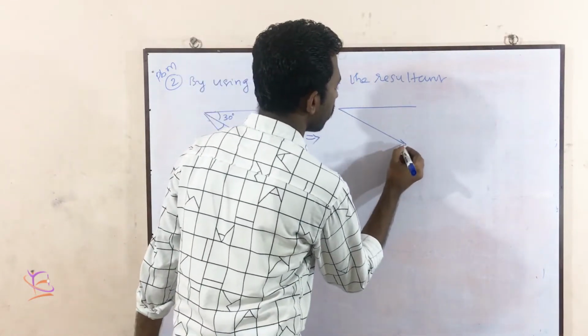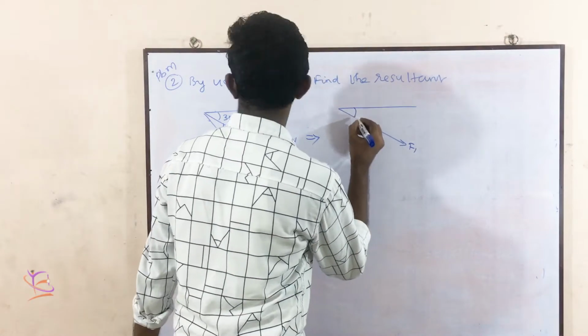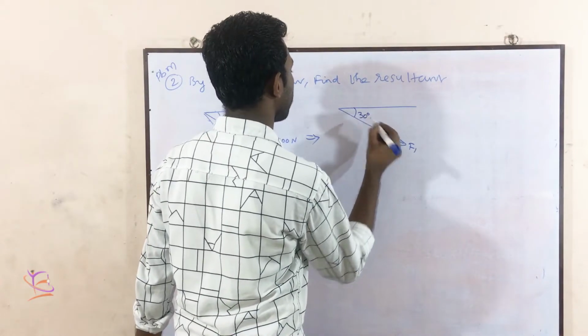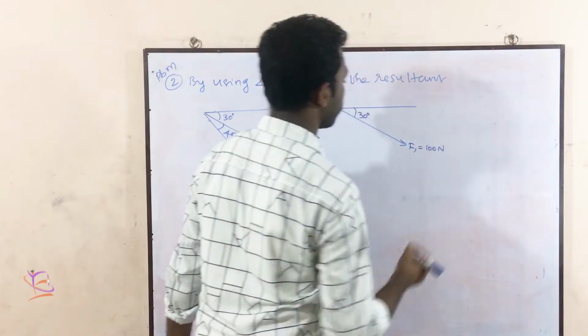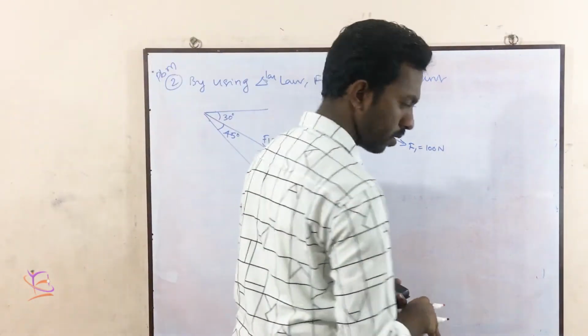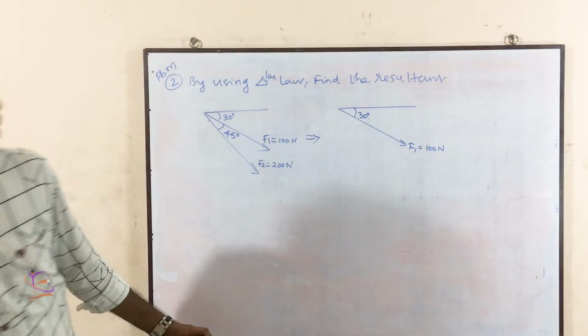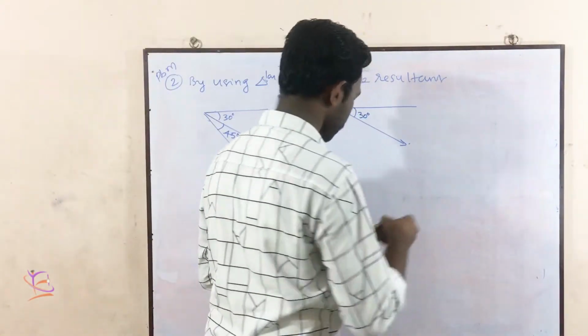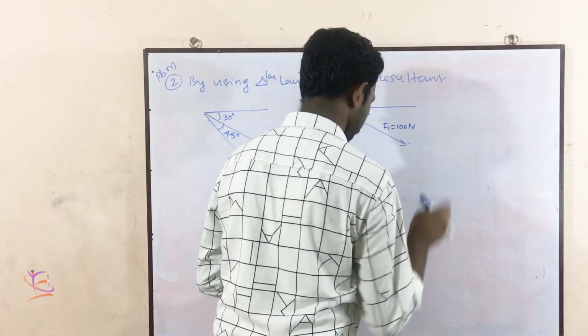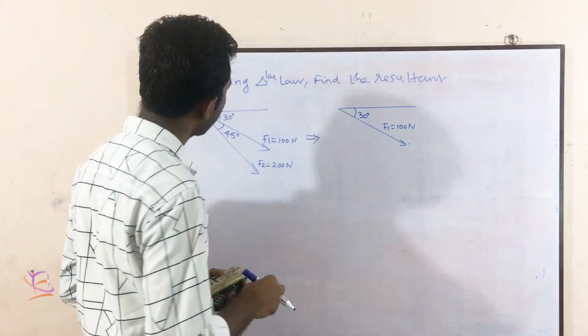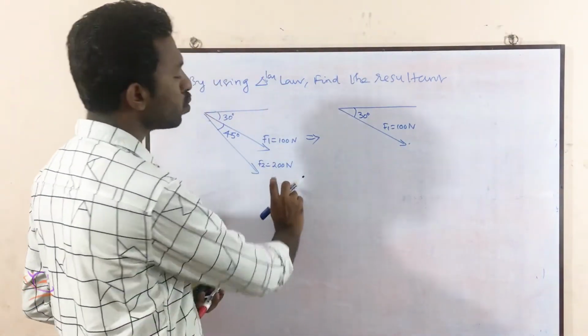So F1 is at an angle of 30 degrees and the value of F1 is 100 Newton. F2 is 200 Newton.